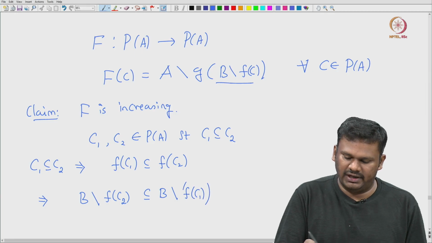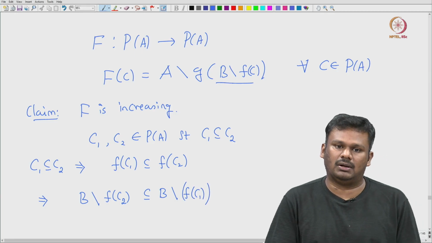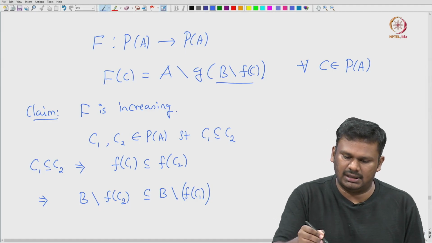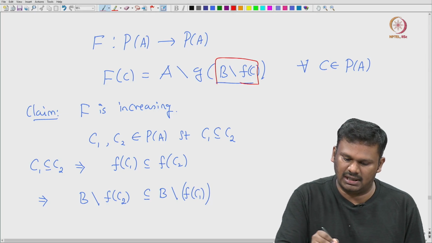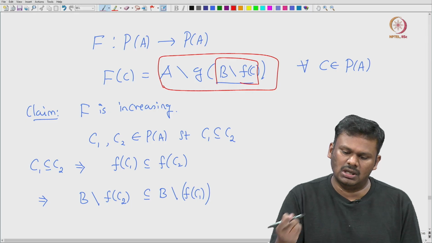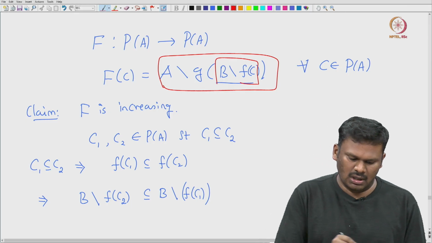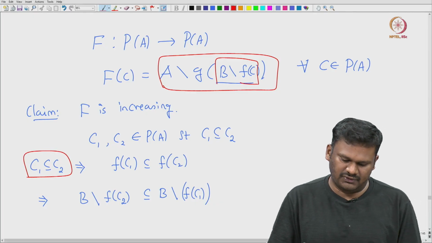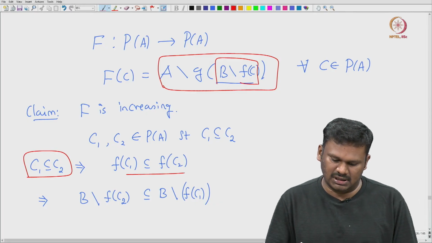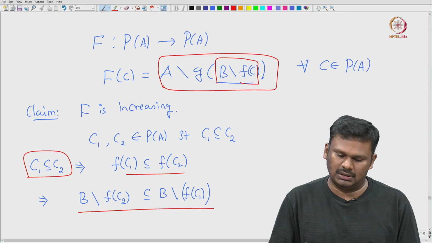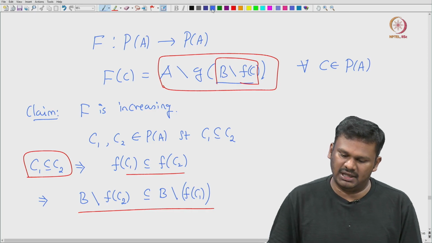So, when you take the complement of something, then the inclusion reverses, and you see that we have twice the complement, once here and once here. So, that will actually negate with each other, then we will get the correct inclusion. So, when you start with C1 subset of C2, then f of C1 must be a subset of f of C2, and B difference f of C2 must be a subset of B difference f of C1. So, now what can we do? We can apply G again.